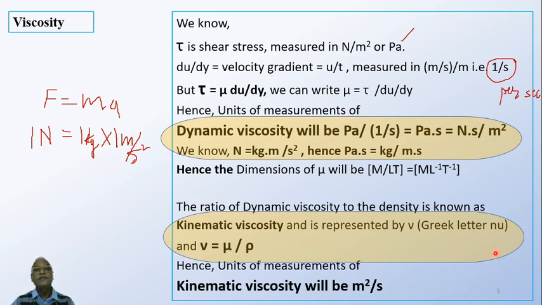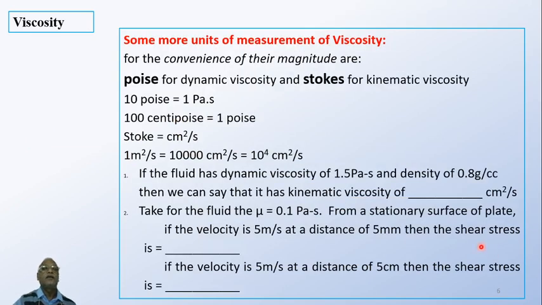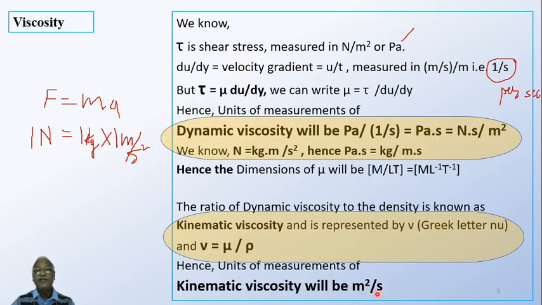Okay, we'll go to the next slide. Some more units of measurement of viscosity. For convenience of magnitude, because viscosity is very small, if we apply the earlier units, such as meter square per second, the magnitude of the unit will be very small.